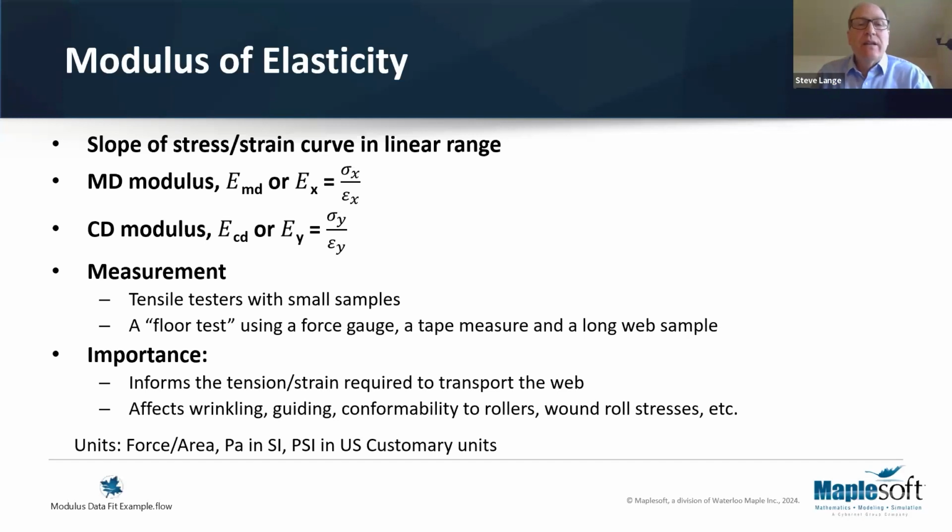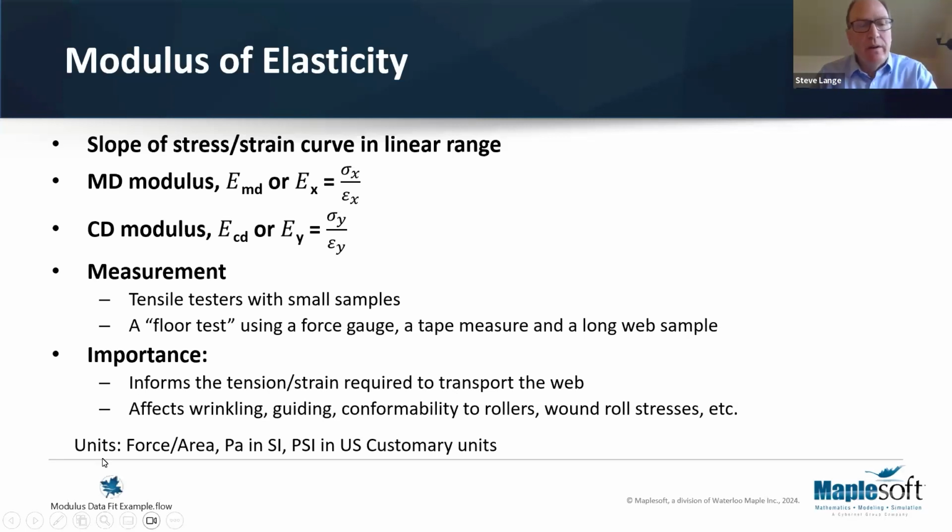You can do it on tensile testers with small samples, or a very low-tech way is to use a very long web sample, tape it to the floor on one end, mark a distance between two marks on the web, attach the other end to a force gauge, pull on the web with different forces, and measure the change in length. Then you'll have the tension and the strain, and you can calculate the modulus from that.